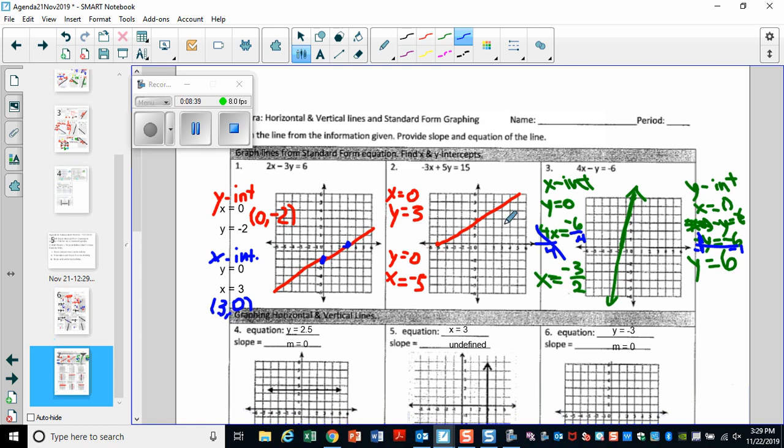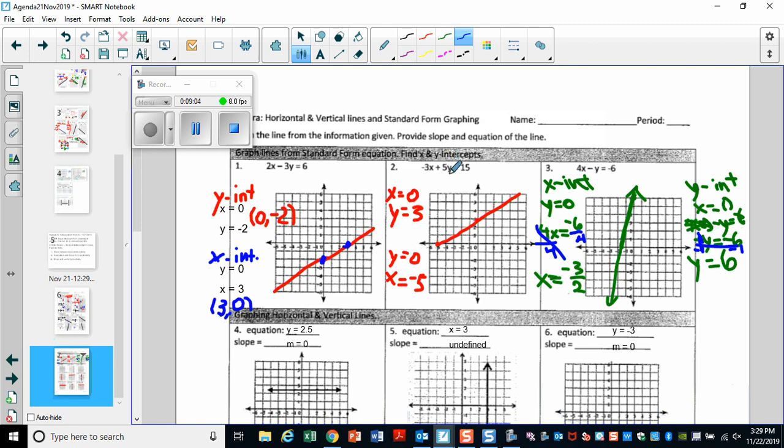Next is the following problem. Same thing, x equals 0, y will be 3, because this term goes away. Then you have to figure out 5 times what number gives me 15. That answer is 3. Similarly, for the x-intercept, y is 0.